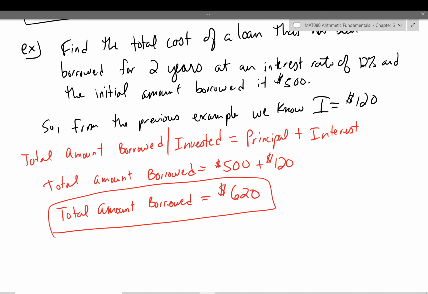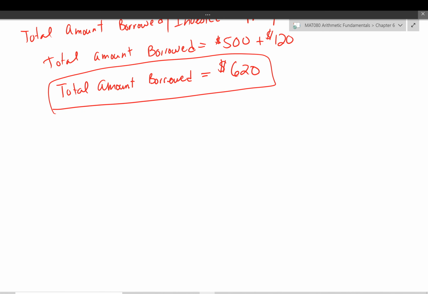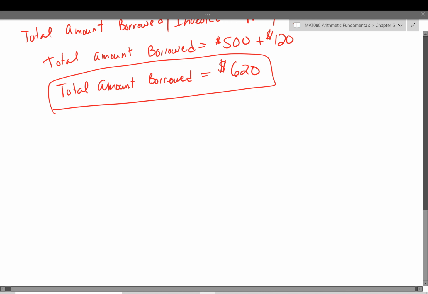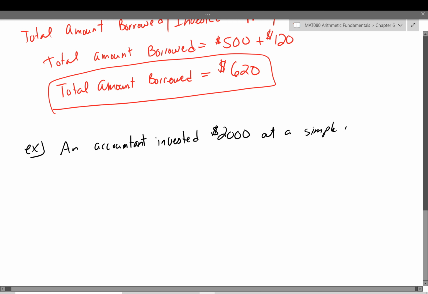All right? Let's look at another problem here. We'll do one more. An accountant invested $2,000 at a simple interest rate of 10% for 2 years.